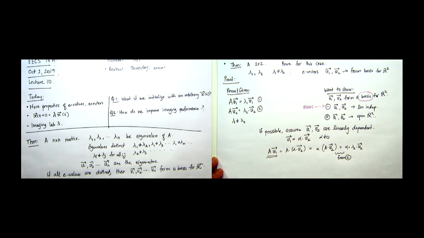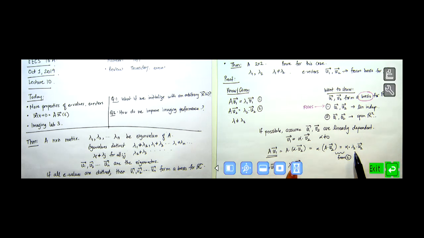But what else do we know about AV1? That's one way of writing AV1. What else do I know about AV1? This is equal to lambda 1 times V1. So these two quantities must be equal. But they're not in the right form that we want. There's a V1 on one side and a V2 on one side, and we don't really know anything about V1 and V2.